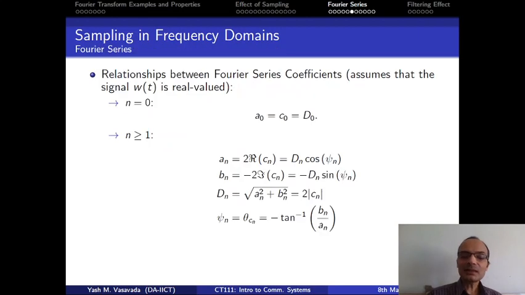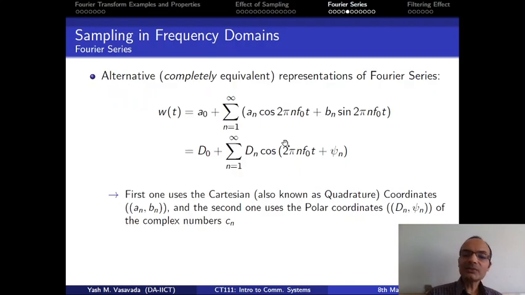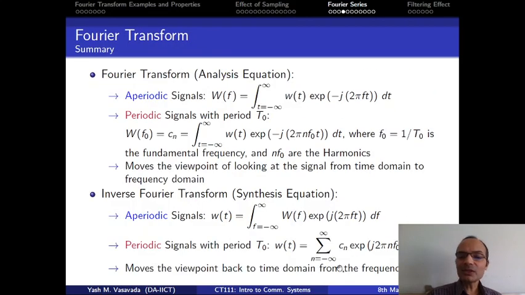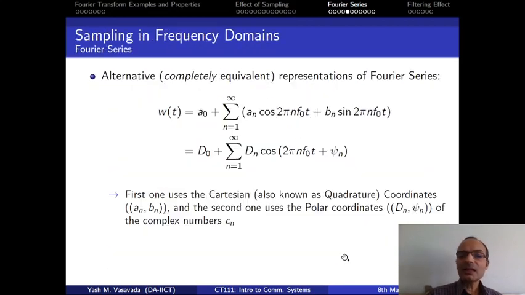So I suggest that you yourself try to derive these equations. All that you have to do is to realize that this complex number C of n has a Cartesian representation in terms of A of n plus j times B of n, and it has a polar representation in terms of D of n and phase phi of n.